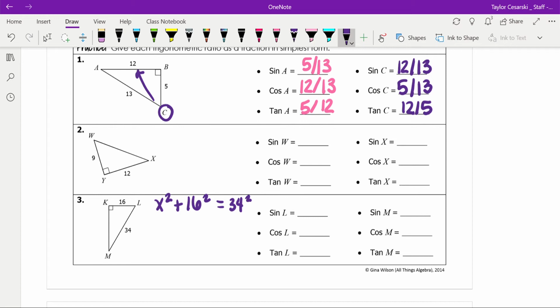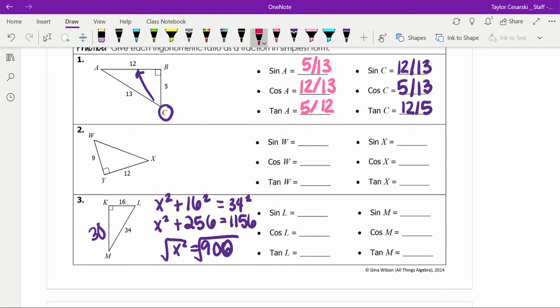Okay, so 16 squared, when I do that in my calculator, I get 256. And 34 squared is 1156. Subtract that. X squared equals 900. Take the square root. And then x is going to equal 30. So that's going to be my side length there.